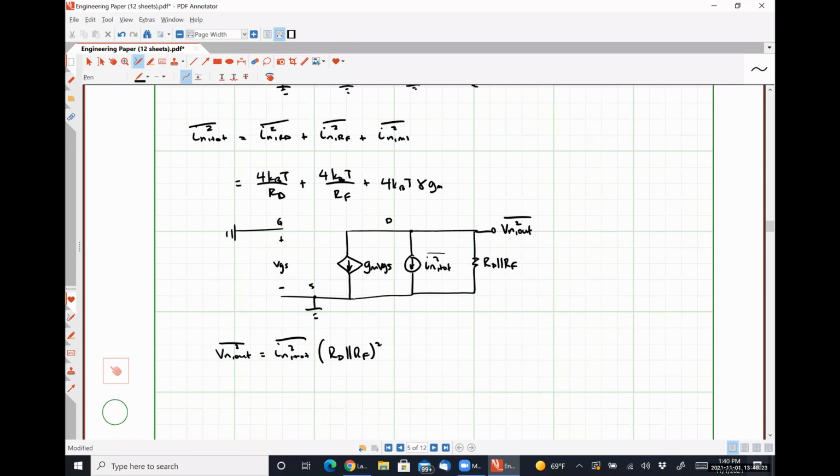Exactly right. So 4kBT over RD plus 4kBT over RF plus 4kBT gamma gm, all multiplied by RD in parallel with RF quantity squared.